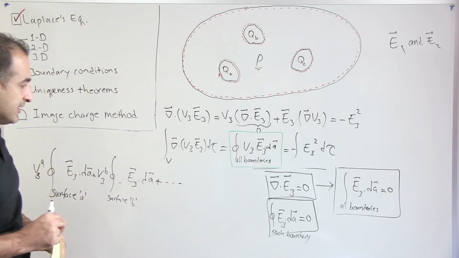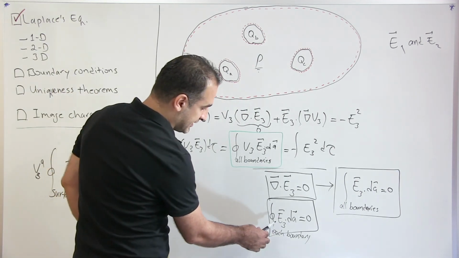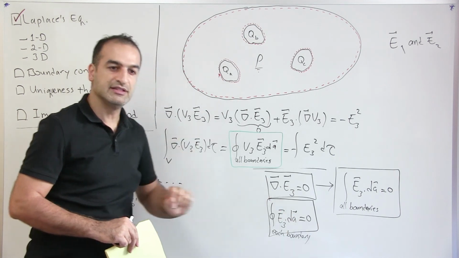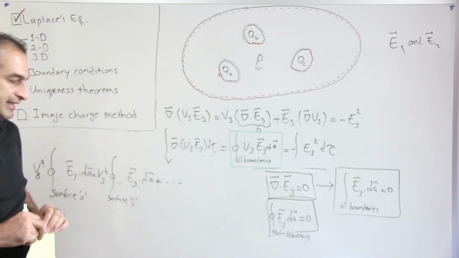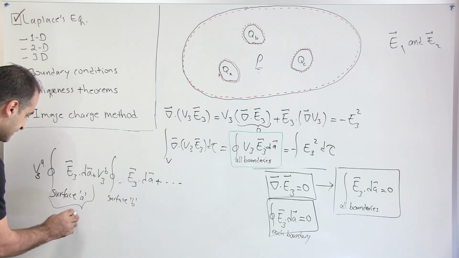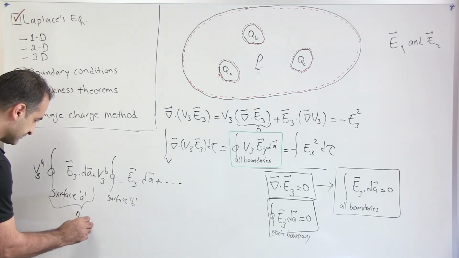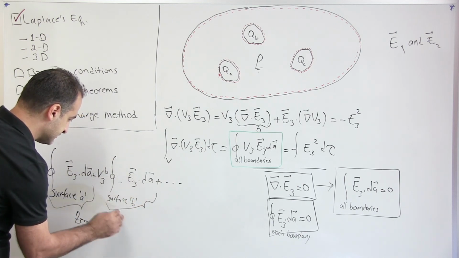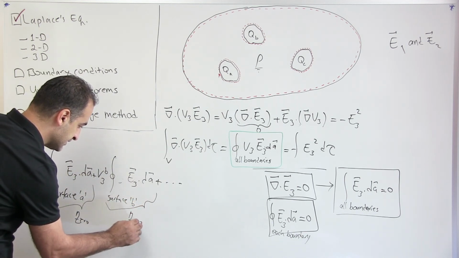But we had one conclusion from the first part, that E3 times dA on each boundary needs to be 0. That means each of these integrals here is 0, and also this thing here is 0.